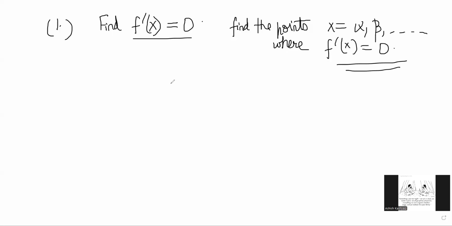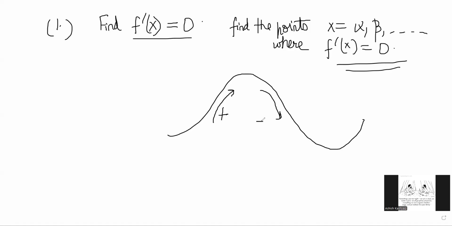Why are these points important for us? The reason they are important is that whenever a curve attains a maxima or a minima, the derivative was positive and then it became negative. So this is the point where the derivative is 0, right? The derivative is 0 at the point where its value switches from positive to negative or negative to positive.